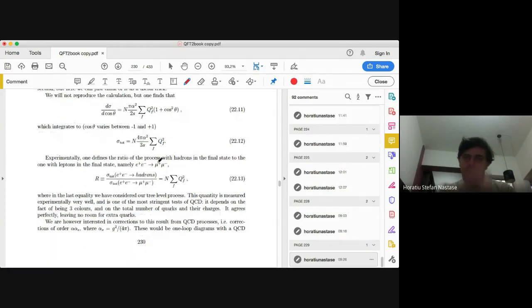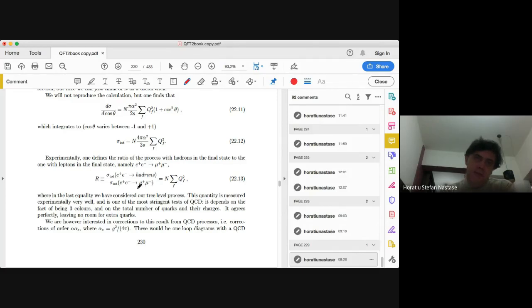Why is this important? Because experimentally one can define and measure very precisely the ratio of the total cross section of e plus e minus going to hadrons to the total cross section of e plus e minus going to leptons.